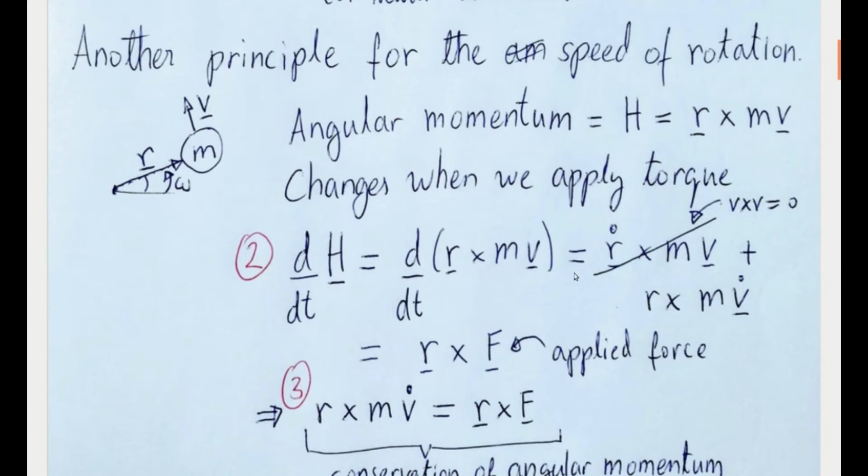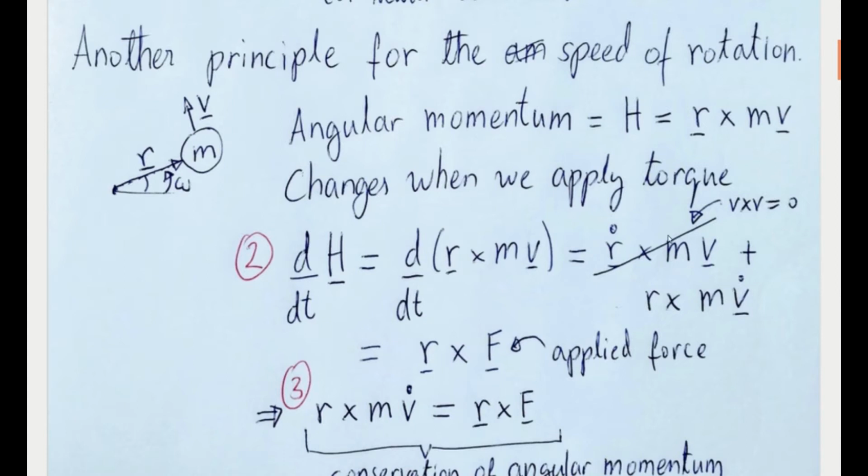You can rewrite this using the product rule: you first differentiate r, crossed with what's left over, plus r, cross product, differentiate this part. So we just use the product rule for differentiation.